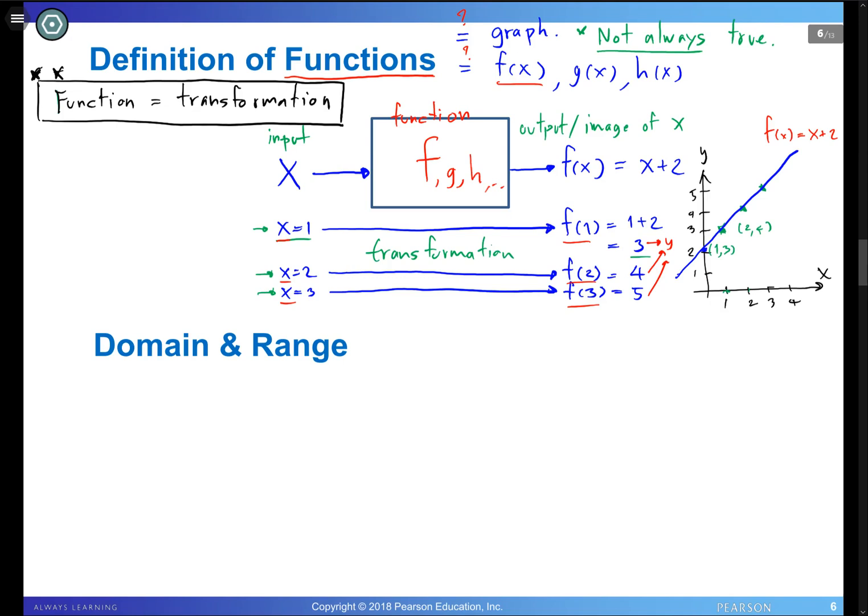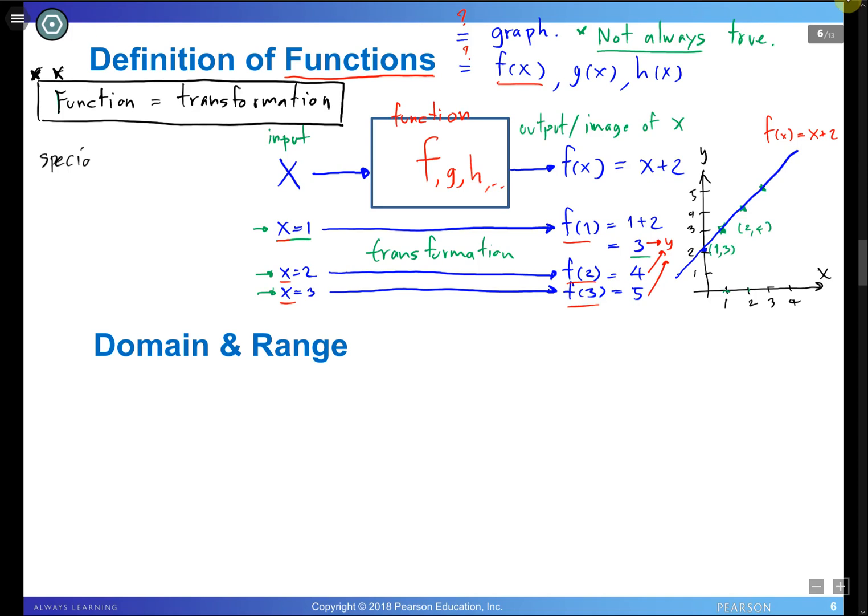Alright, so now we have seen that a function can be graphed and a function can have other names, but that's not the whole story. There is one important condition that you must consider here. For a graph or an expression to be a function, it must have this condition. So I'm going to put it right here on the left hand side. Very important. Special condition for an expression to be a function.